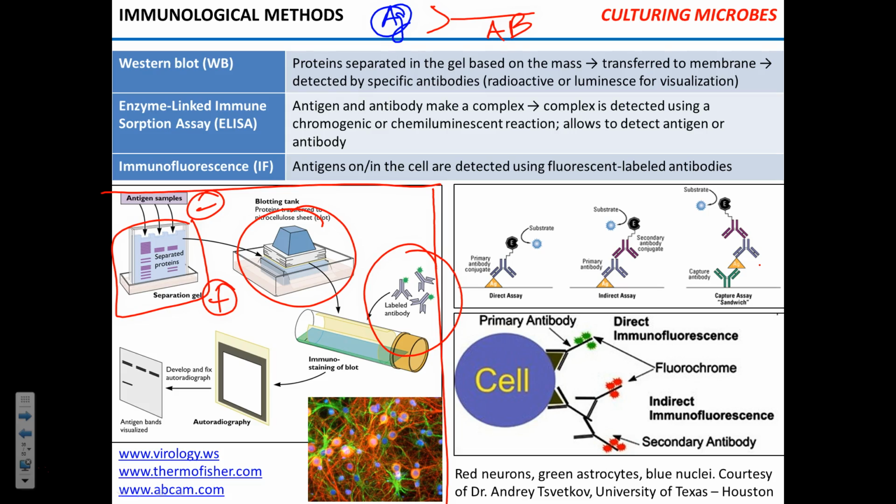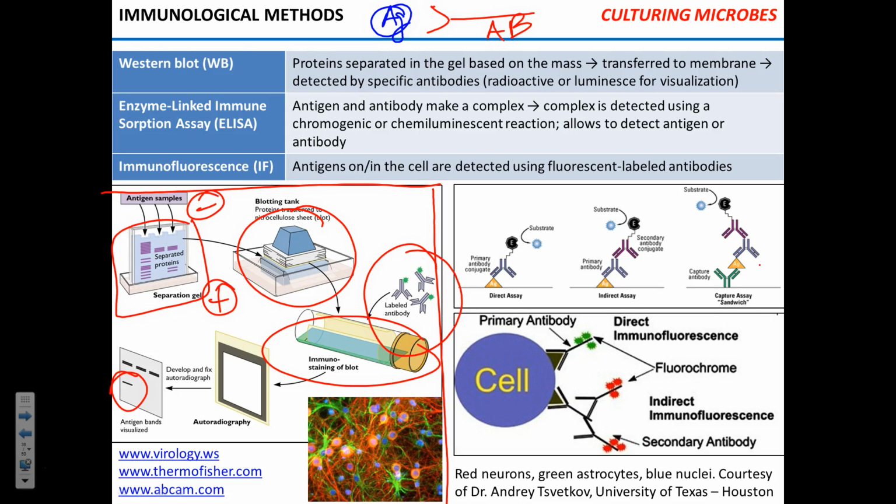So say I want to know if my sample has M protein of Streptococcus. I take antibodies for M protein, I take a sample of streptococcal lysate, do all this stuff, expose the membrane to the antibodies, and if there is a protein, I'm going to see a band.